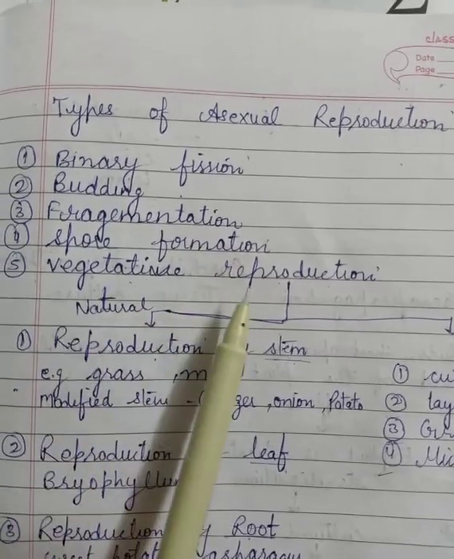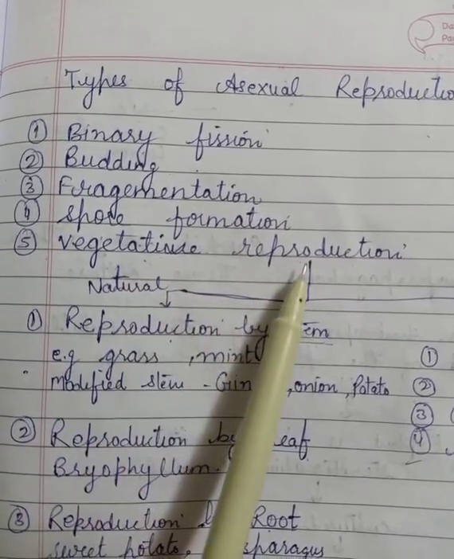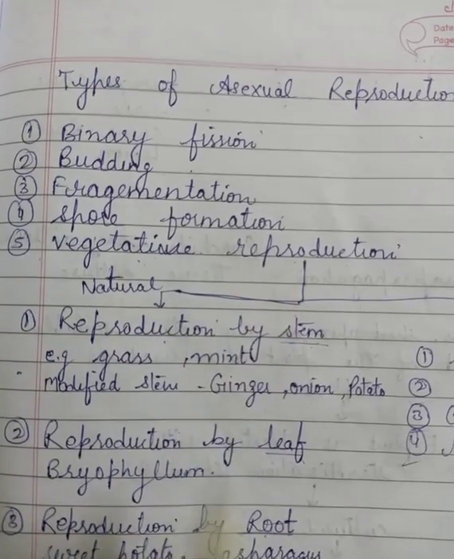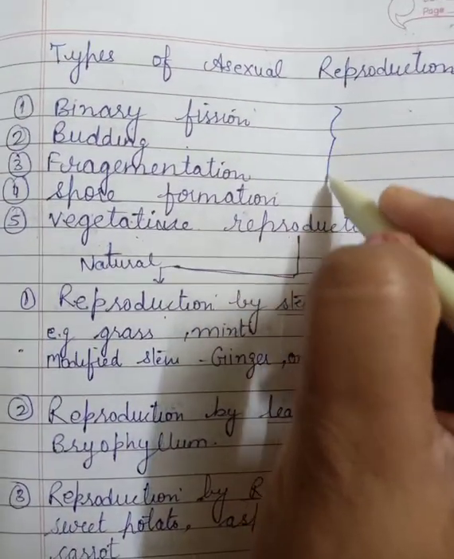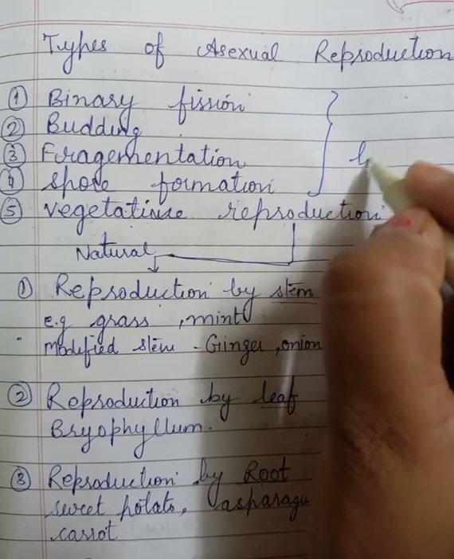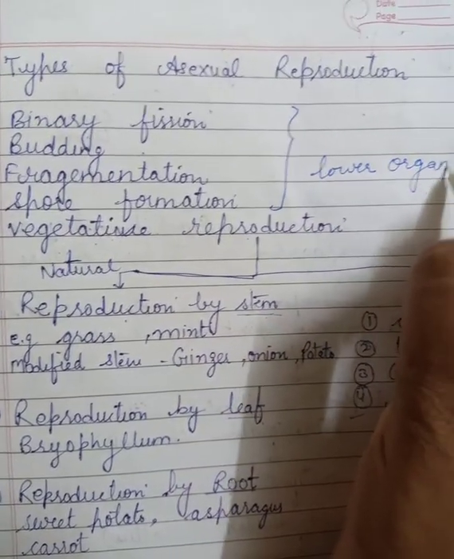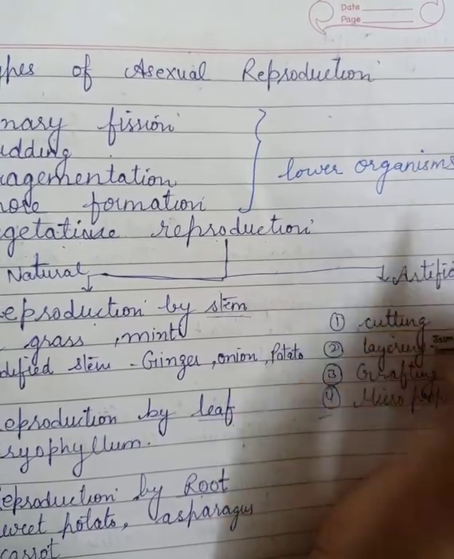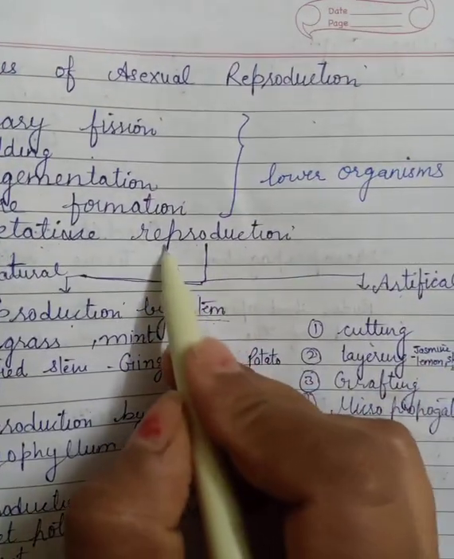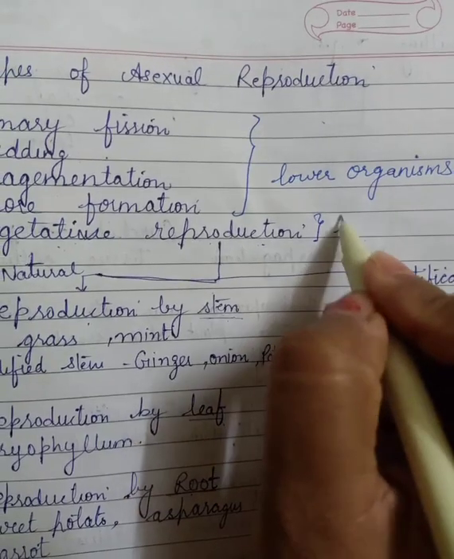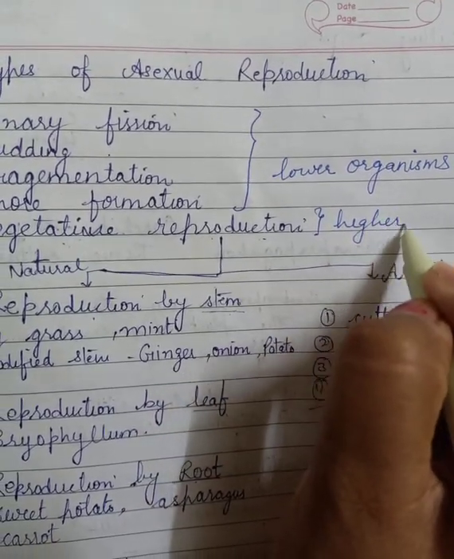Okay, other than that, vegetative reproduction. So these 4 types of reproduction occur in lower organisms. Lower means very small organisms, like bacteria, fungi, algae. And this vegetative reproduction occurs in higher organisms.